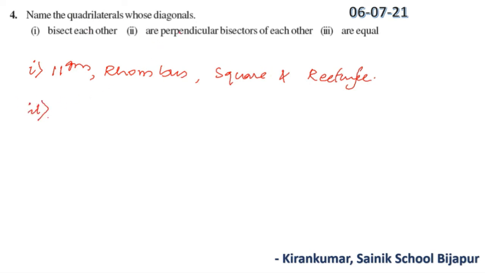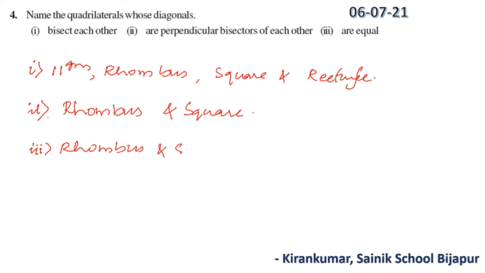Name the quadrilaterals whose diagonals are perpendicular bisectors of each other. In case of a rhombus and a square, the diagonals are perpendicular bisectors of each other. Name the quadrilaterals whose diagonals are equal. Diagonals are equal in case of a rhombus and a square.